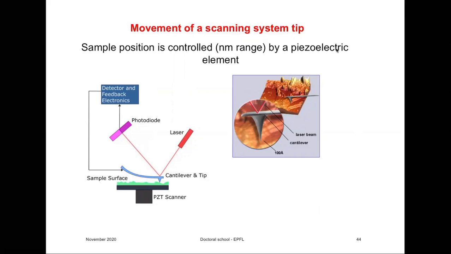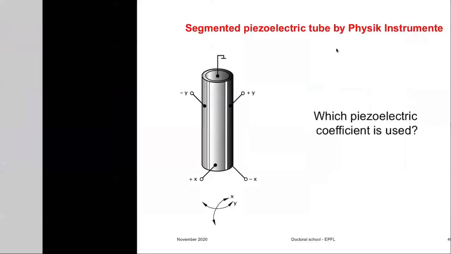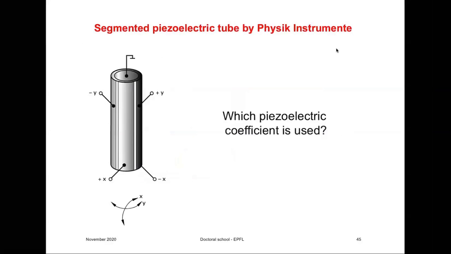Let's say the tip itself has some curvature, but you can certainly achieve nanometer resolution here, and this can be done with piezoelectric elements. So the tubes that are used are like the ones that I showed you in the introduction. This one is by Physik Instrumente.